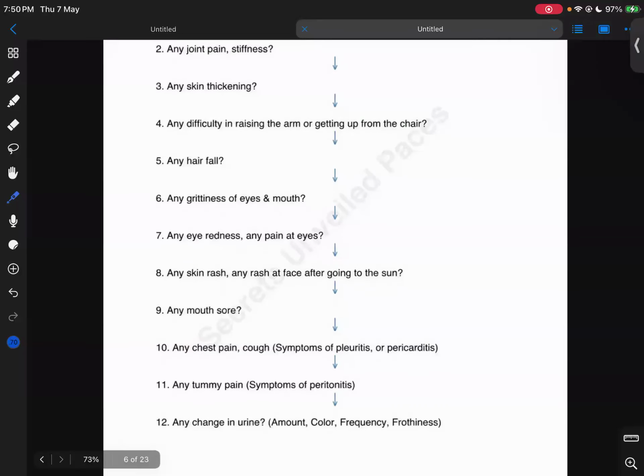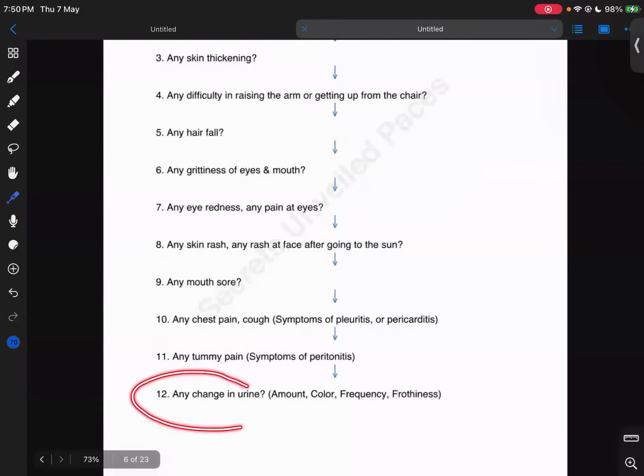And that finding was there, that is any hair fall. The patient may not be aware of that DLE lesion. So our job, every time for any connective tissue disease patient, is to always remove the hair. Then when any change in the urine was asked, she was complaining of frothiness and decrease in the amount of urine. So that means the SLE is affecting the kidney.